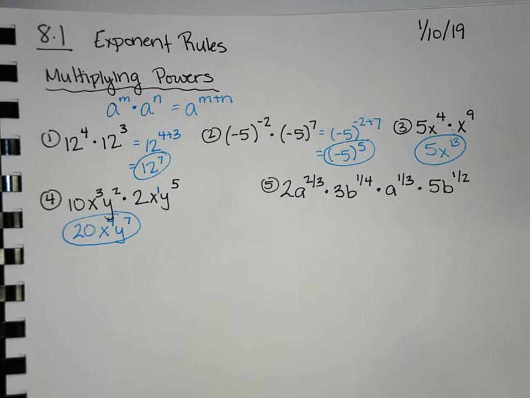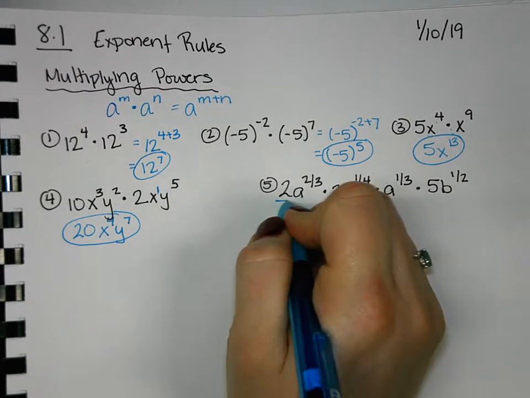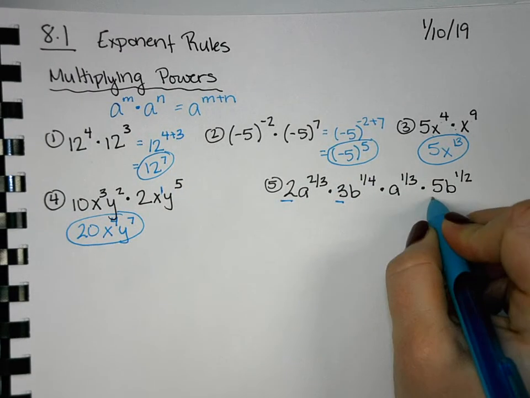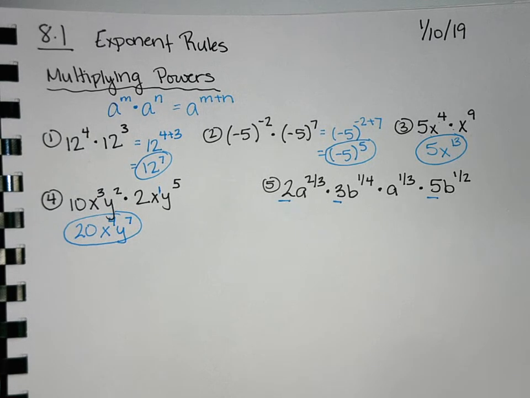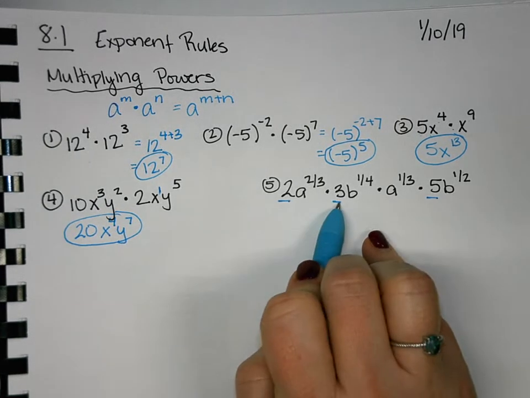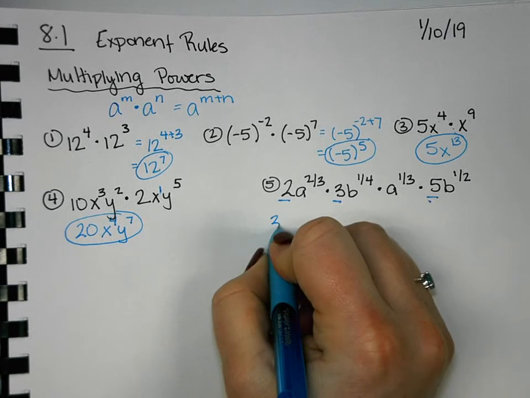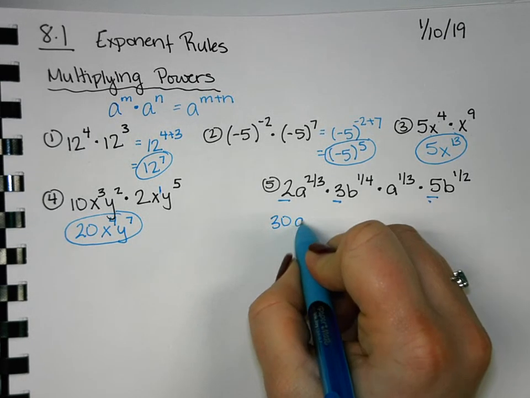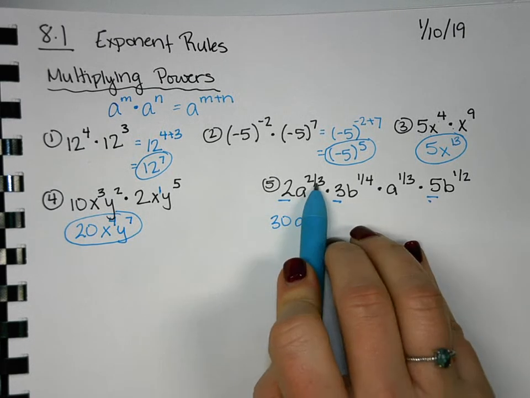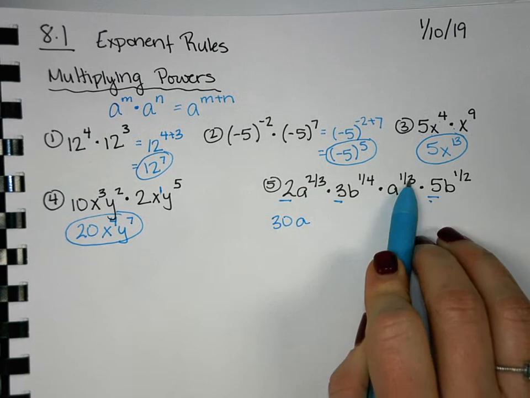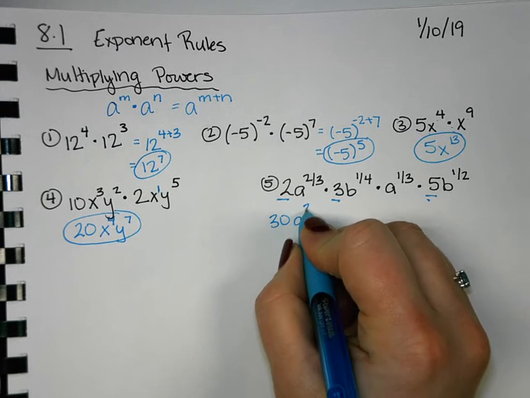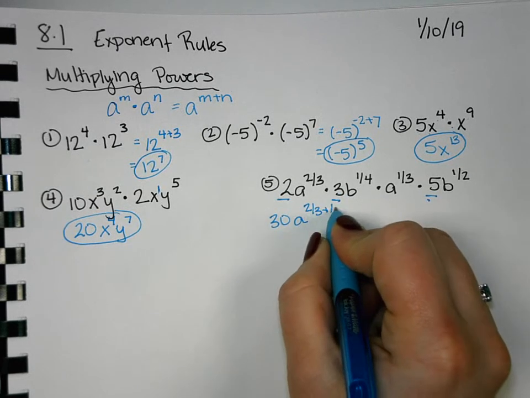So the first thing I would do is take all of these numbers that don't have like bases and multiply them together. So what's 2 times 3? 6, and 6 times 5? So we'll have 30. For a, we have a to the 2/3 and a to the 1/3. So what's 2/3 plus 1/3? 1.